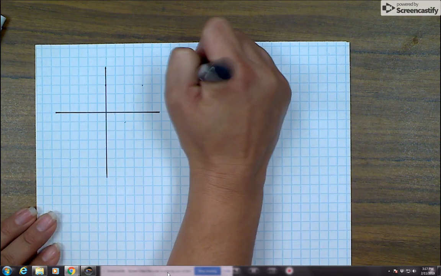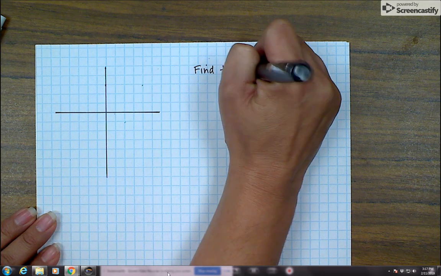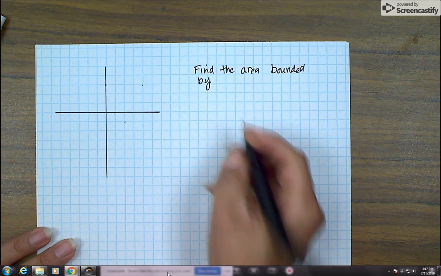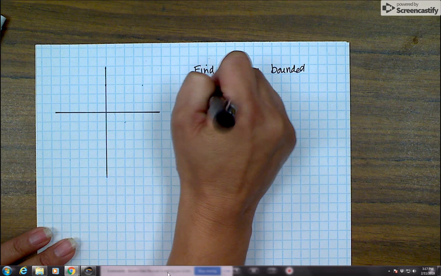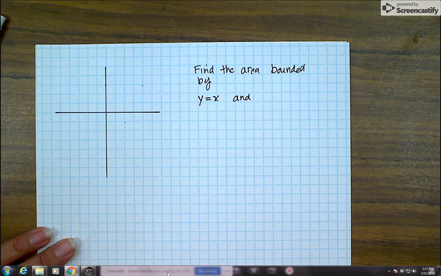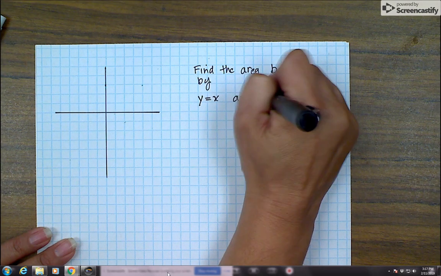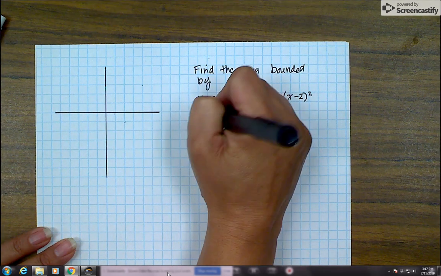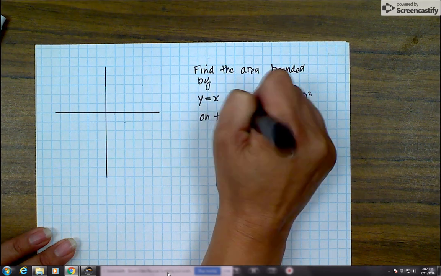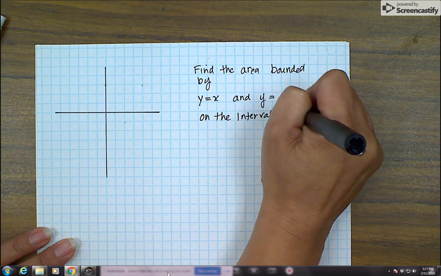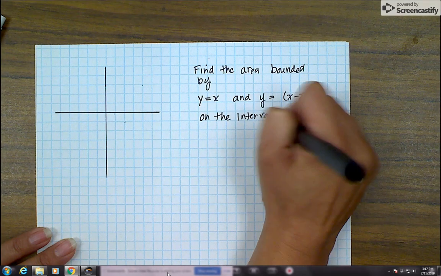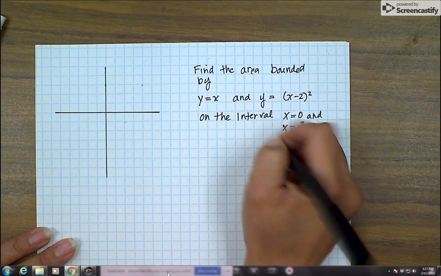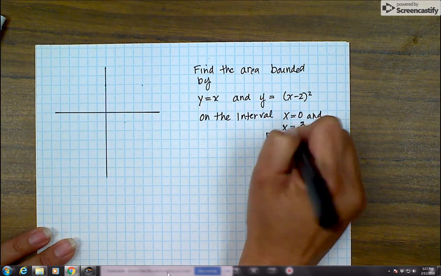And we want to find the area bounded by these curves, y equal to x and y equal to x minus 2 being squared, on the interval of x equal to 0 and x equal to 3. So our interval of 0 to 3.